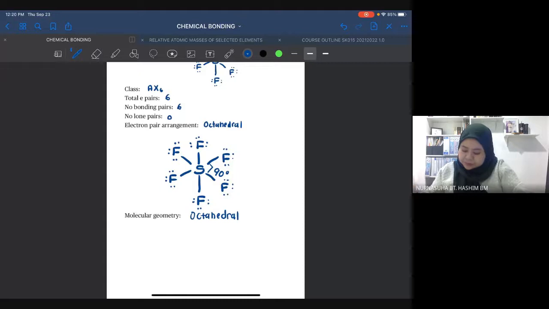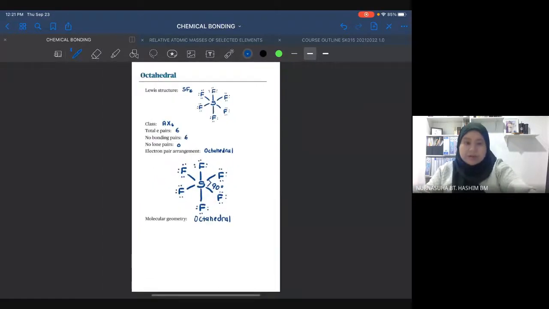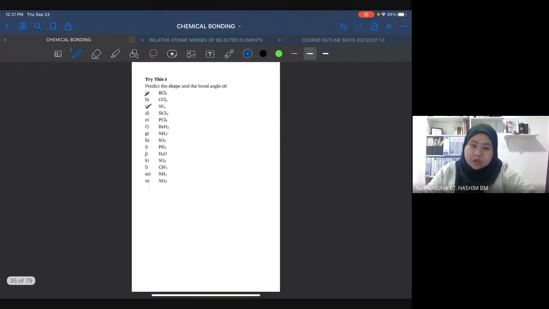Yeah. So that's the 5 basic shape of the molecule. Okay, kita tengok contoh.